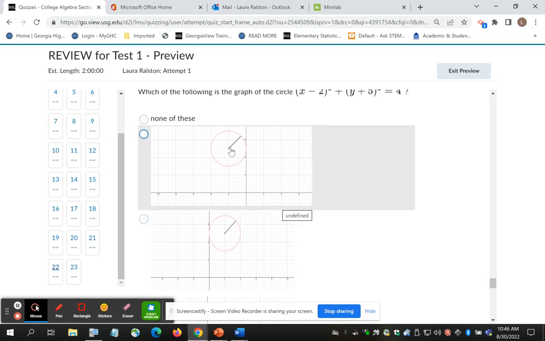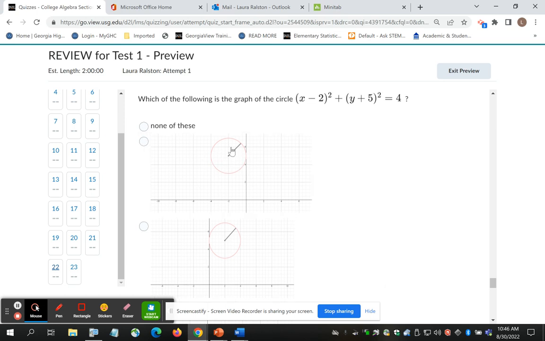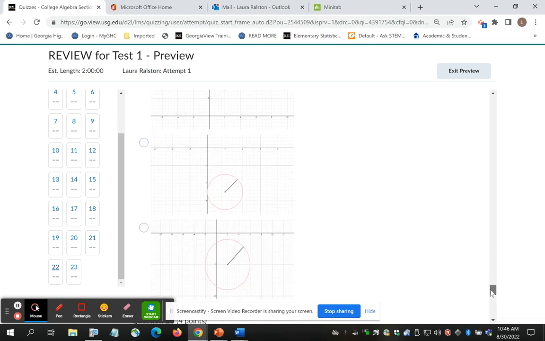Okay, so if I look at this first graph here, I'm at -2, +5. So that's a no. Okay, then we look at the second one and we're at +2, +5. Okay, then if I scroll to the third one, I am at 2, -5. And then it does appear to have a radius of 2.